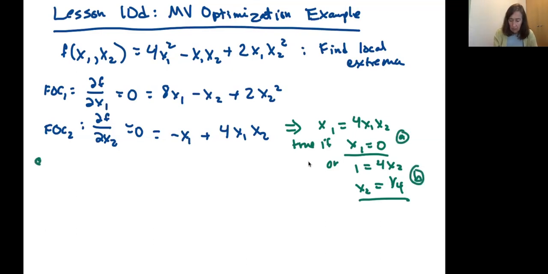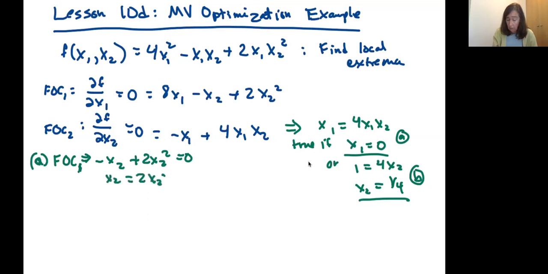So if we're in case A, and now we look at the other first order condition, because that has to be satisfied as well. In this case, we know that x1 equals 0. Plugging that into FOC1, I get a 0 here, negative x2 plus 2 x2 squared equals 0. Again, I can rewrite that as x2 equals 2 x2 squared.